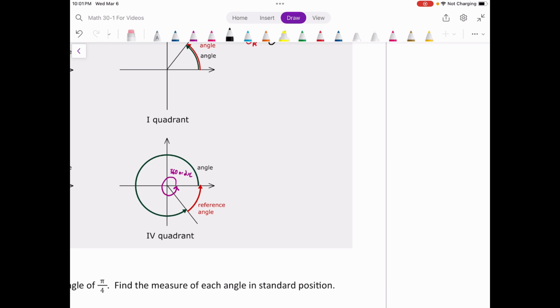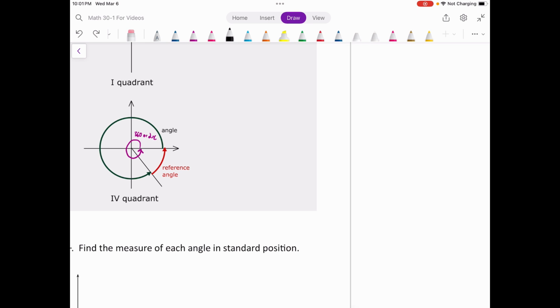Again, imagine taking the full 360 and subtracting away the angle theta. You'd be left with that reference angle. So our reference angle here is going to be, take the full 360 and subtract the angle. Or in radians, 2 pi, subtract your angle.